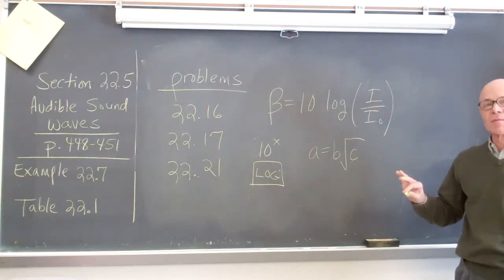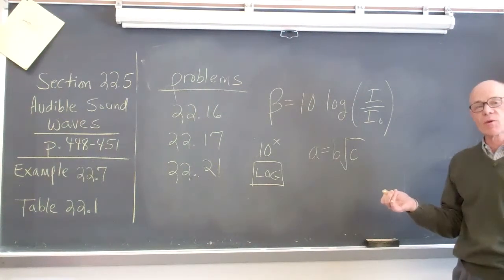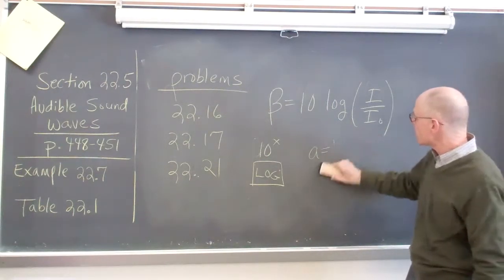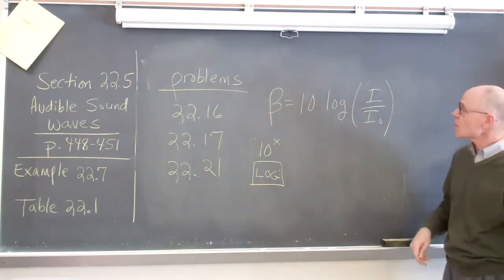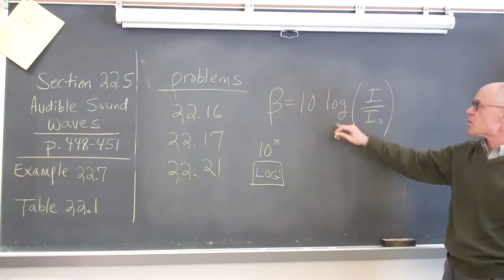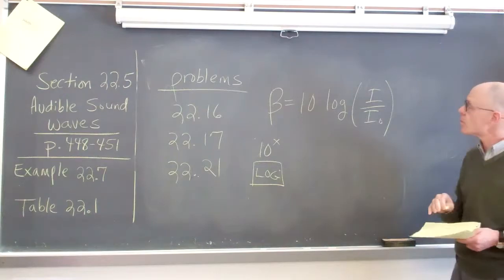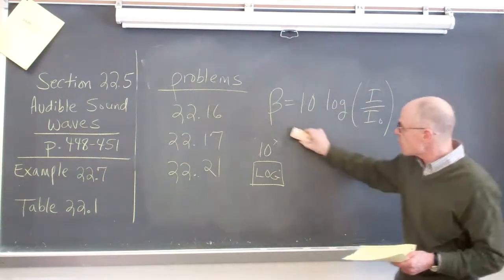And you do that by doing the inverse of taking the square root, which is squaring. Same thing with this kind of equation. The way you would get rid of the log function is you would do the inverse, which is 10 to the x.